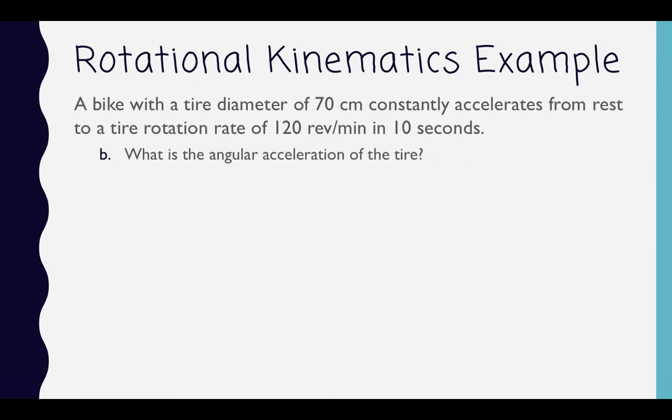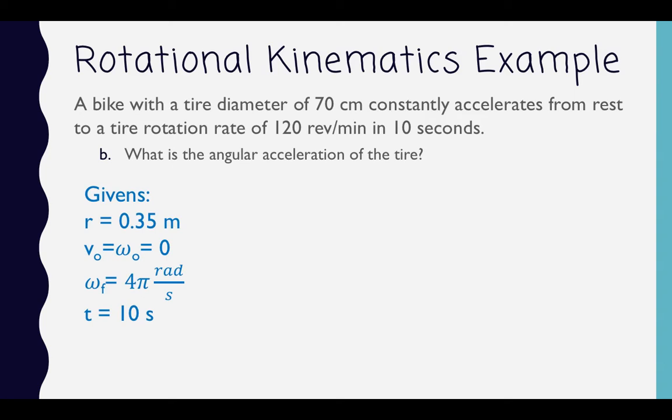Part B, what is the angular acceleration of the tire? So this time we're looking for alpha. Well, given our givens right here, we have omega final, the final angular velocity, we have the initial angular velocity, it's 0. We have the time, and it's 10 seconds. So if we solve for alpha, we get omega final minus omega initial divided by time.